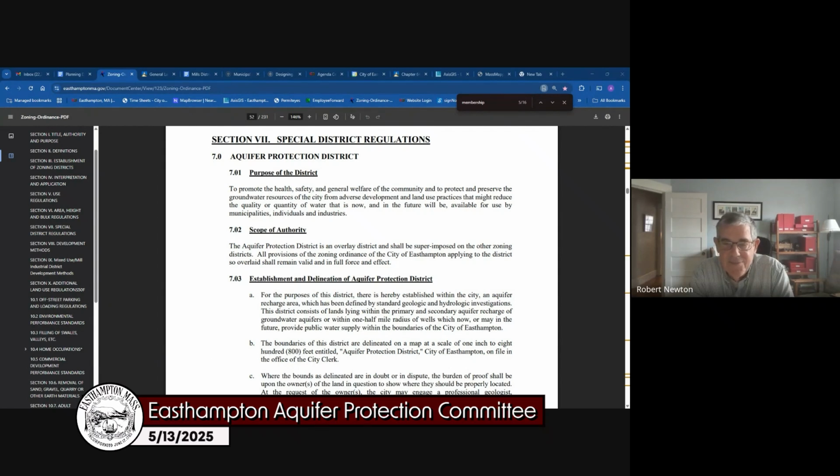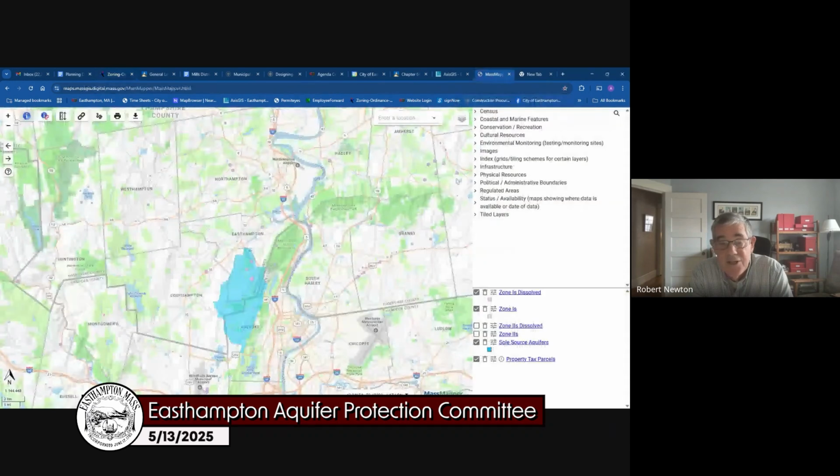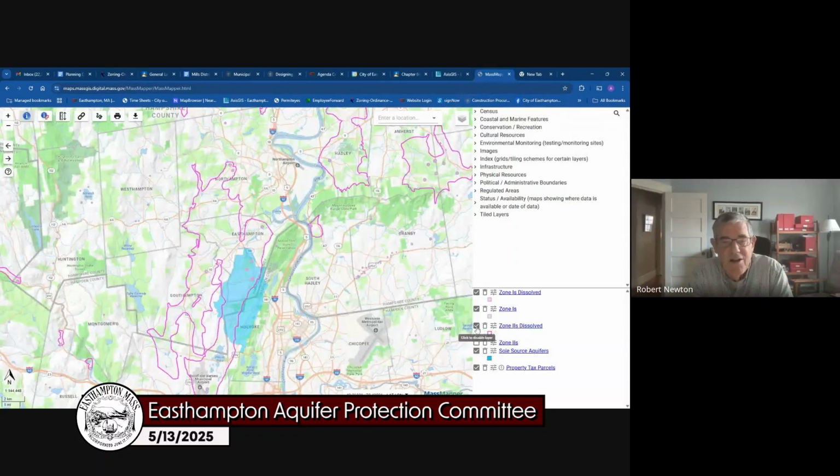So that's always been a problem, and I don't know how we deal with it. But we just saw the impact of that when you added that layer showing all the zone 2s. It really expanded the areas that you'd want to protect, where you really need to protect all those areas.